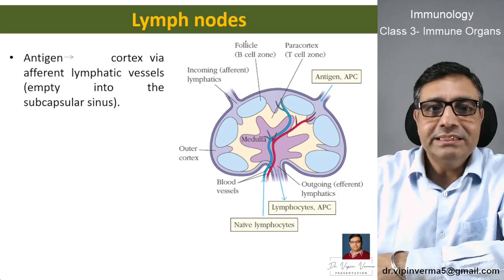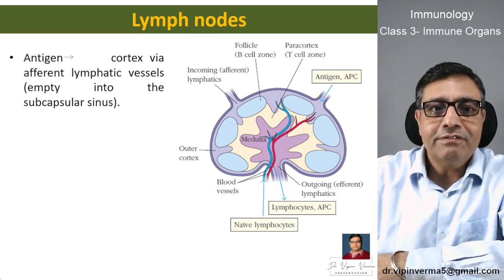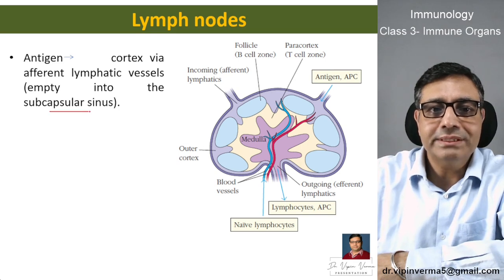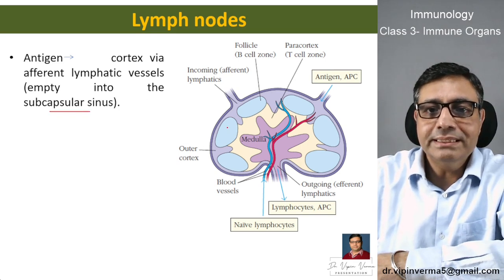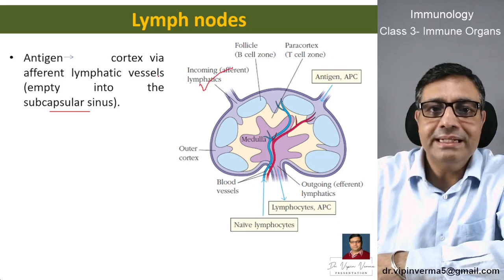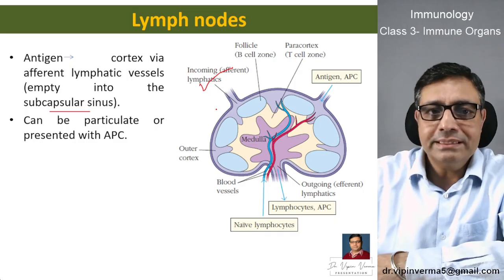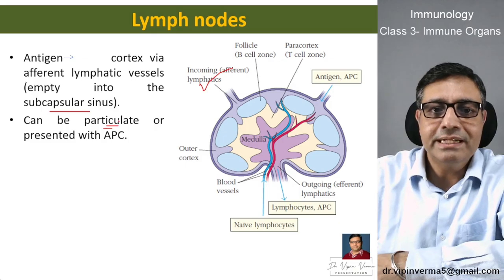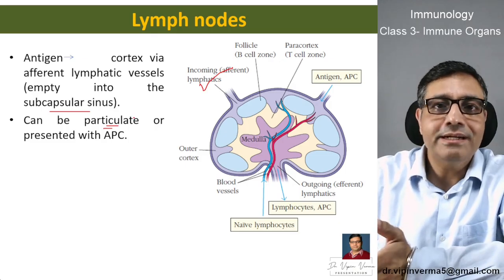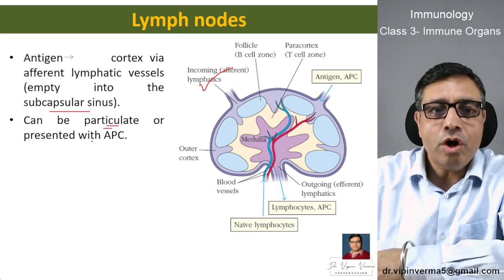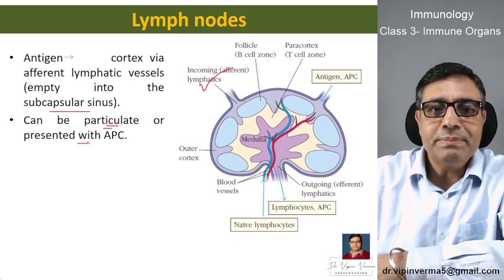Now, the antigen enters the cortex via afferent lymphatic vessels, which empty into the subcapsular sinus. As I told you, this subcapsular sinus is the space. So all the incoming lymphatics bring the antigen inside the cortex. This antigen can be a particulate antigen, that means it may be an independent bacteria or virus, or it can be presented with an APC.